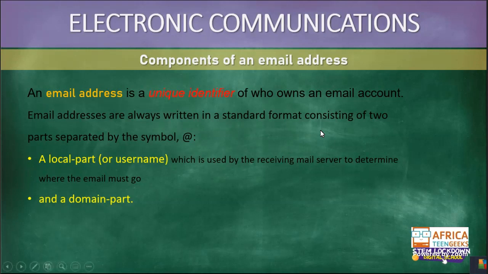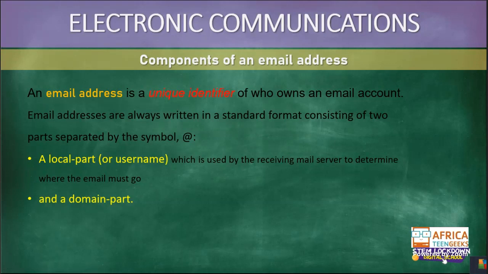So the moment you create an email address, be it web-based, be it one that is ISP-based, there is only one person who is going to have that address. So it's unique. That's why sometimes if you are creating, maybe we can say a Gmail account, if you put a name, you will see it says not available. And then the email clients, like the websites, they can offer you variations of how you can define an email address that is not on the system. So it has to be a unique address, right?